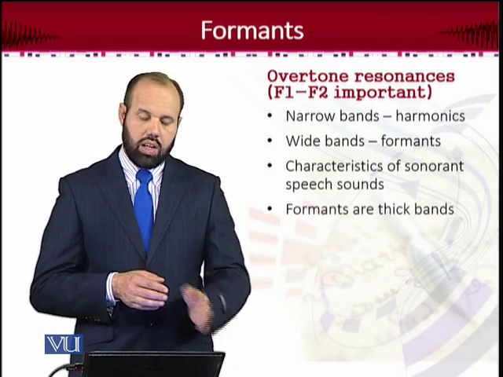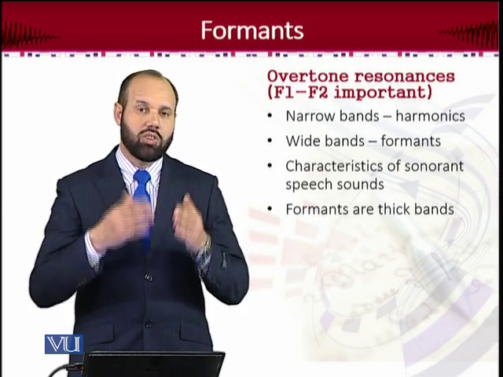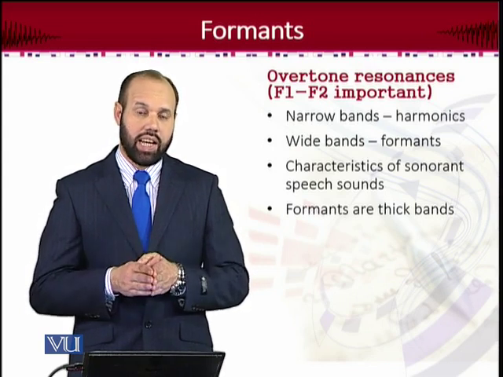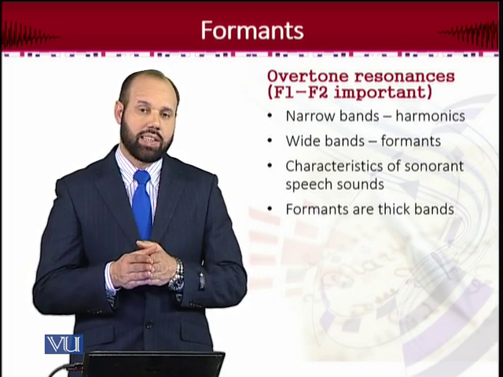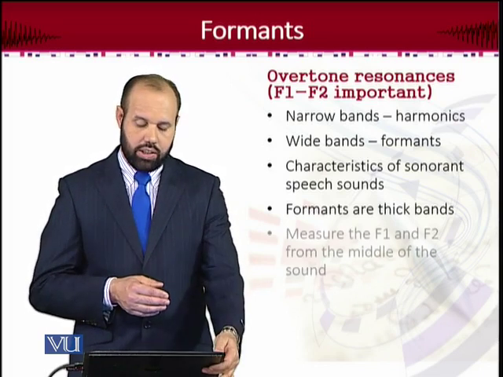Formants are visible on the spectrograms as thick bands, and those bands are darker than the rest of the area. They show the loudness, basically, because there is sonority maximum in those bands, so that's why they are darker.